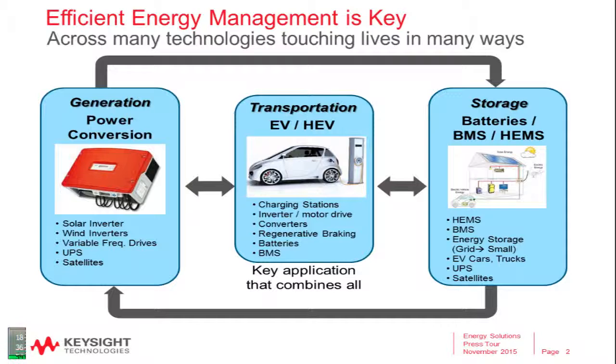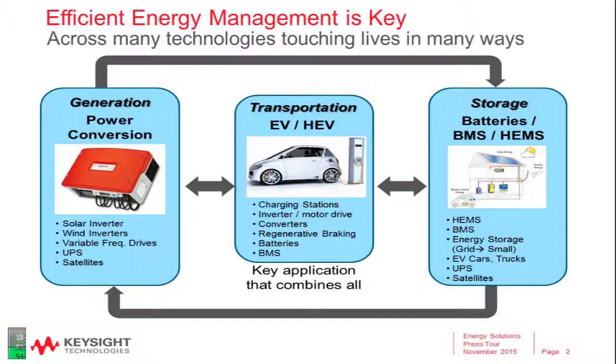An important point I want to make, though, is around transportation and electric vehicles and hybrid electric vehicles. This actually brings together both of these technologies. The cars, of course, have large batteries on board to store the energy, but there's also generation technologies. The energy in the battery needs to be converted from DC to AC to power the car's motors.